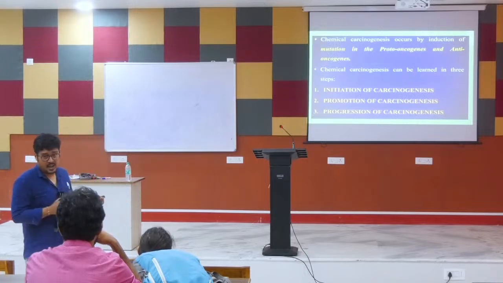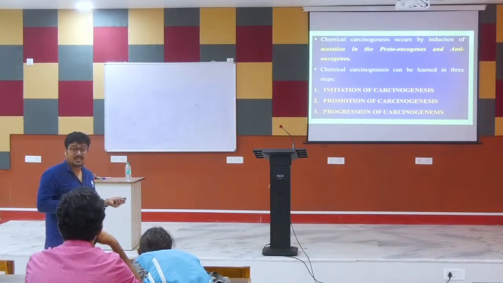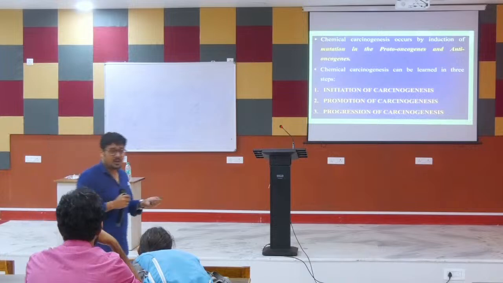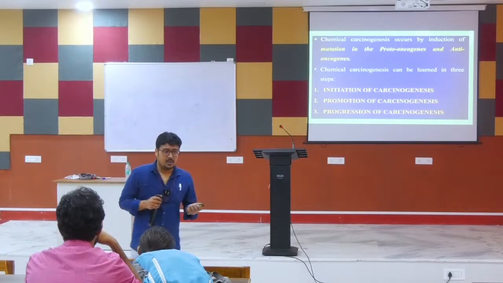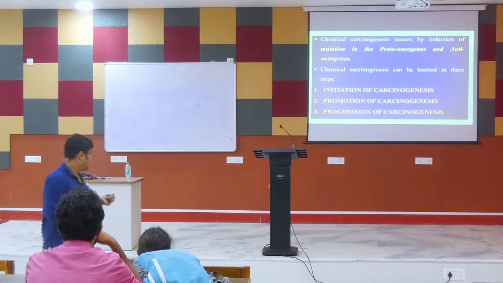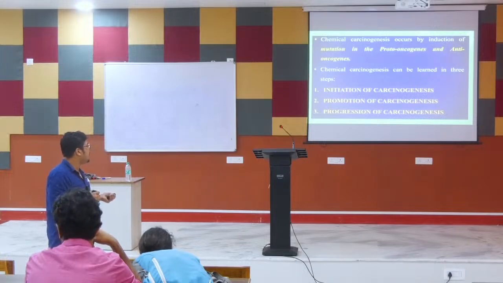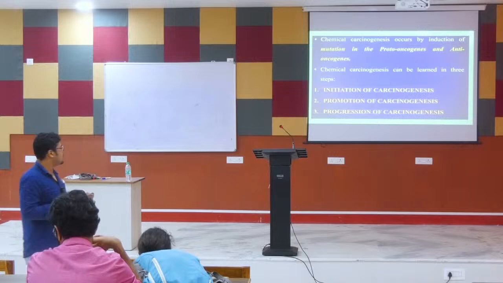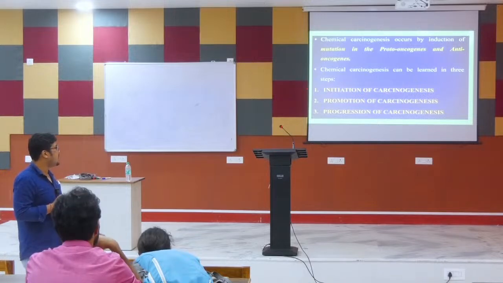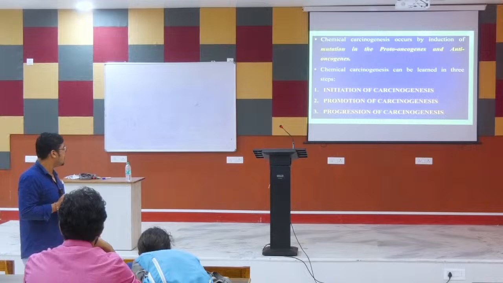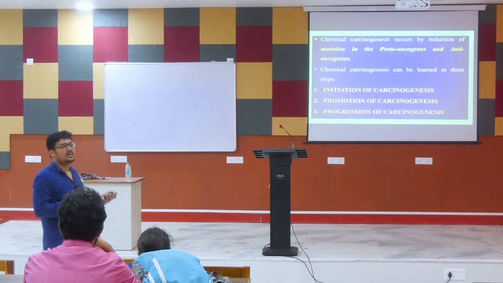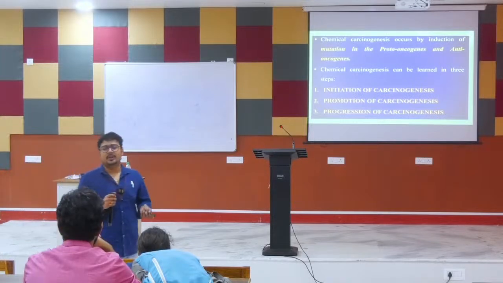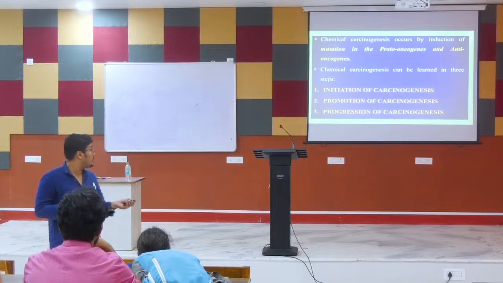The proto-oncogene is the RAS gene and the anti-oncogene is P53, also called the guardian of the genome. Initiation is made by initiator carcinogens, promotion by promoter carcinogens, and progression is the replication and proliferation of the mutated cell lines.